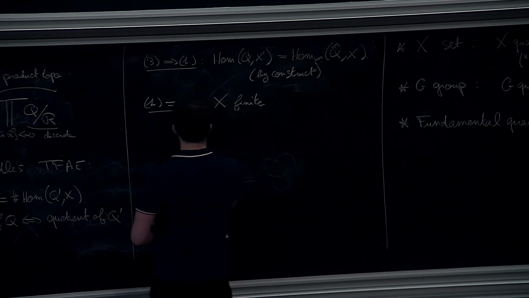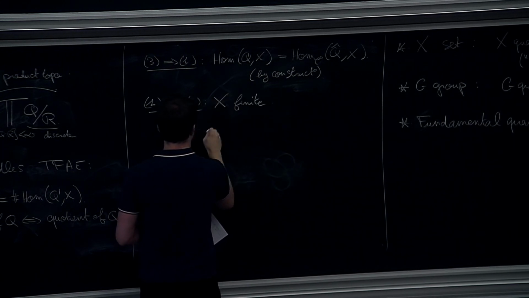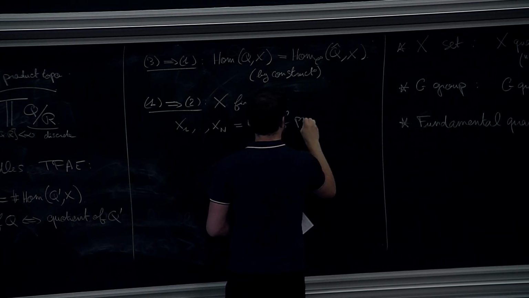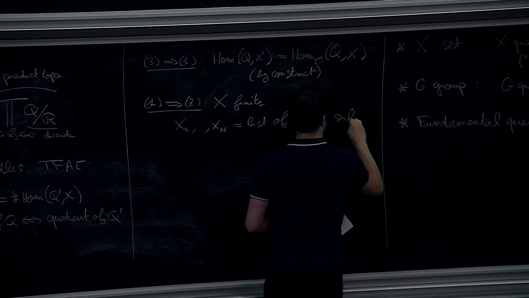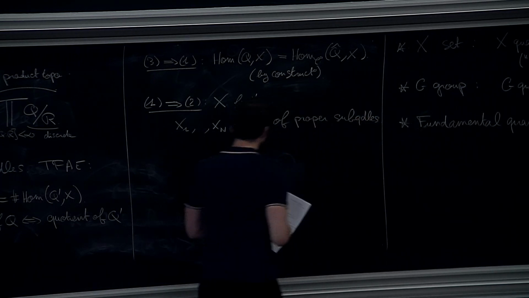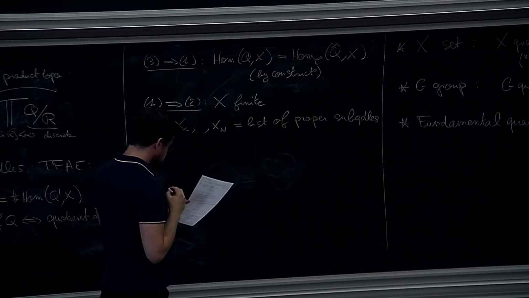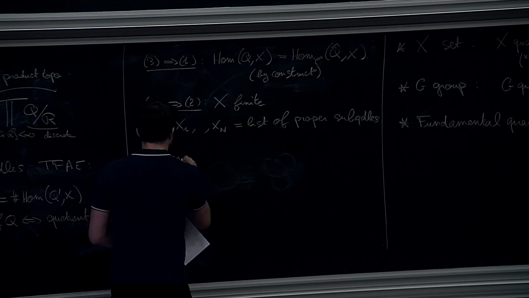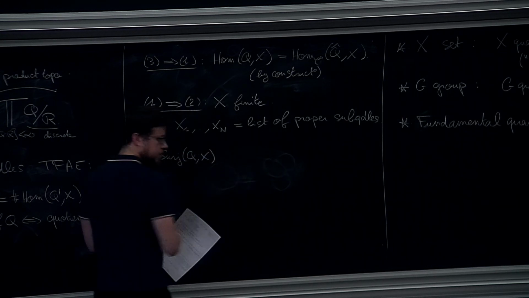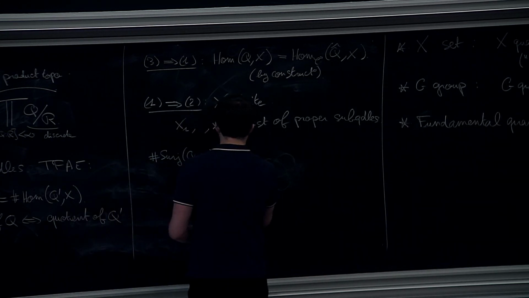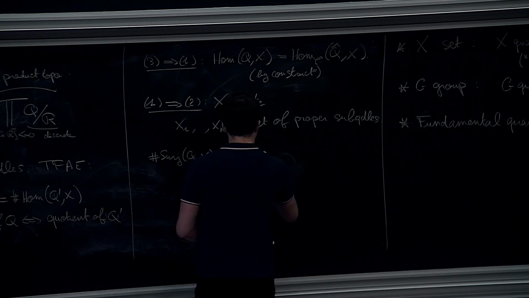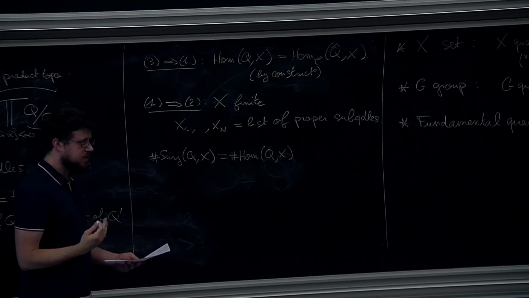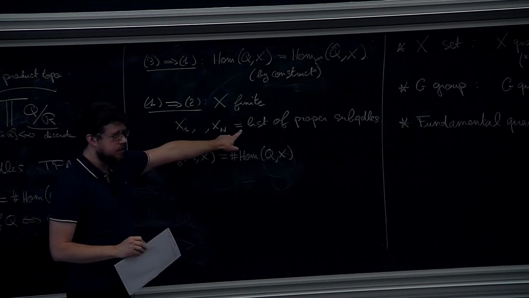If X is finite, you have a finite list of proper subquandles. And if you want to count surjections from Q to X, then you first count the number of morphisms. Then you want to remove non-surjective ones, but a non-surjective one is one going to a proper subquandle.